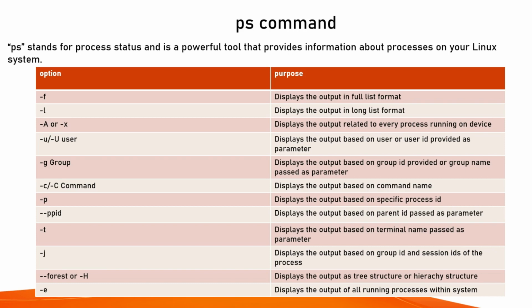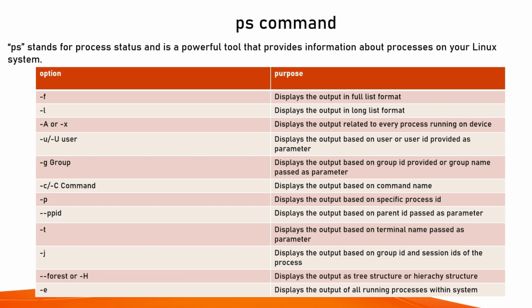Moving to our first option, which is -f, this option helps you display the output in full list format. Moving to the next one, -l, it helps you display the output in long list format.